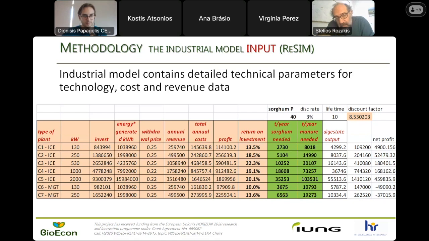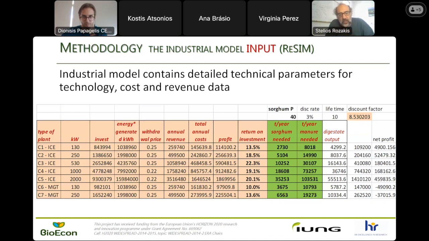So for each size and technology, we know, based on the installed power to produce a unit of energy, how much of the feedstock we need. So we can calculate the volumes, and then of course we can calculate the output, which is energy and digestate.